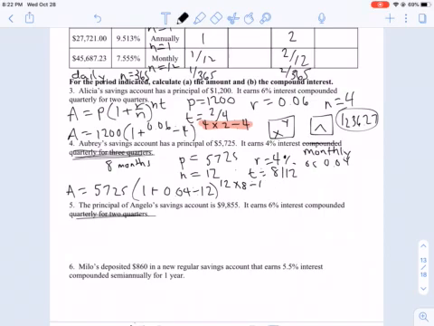My goodness, that is one ugly 12. I apologize. All right, so we're going to type that into Google Calculator. I keep wanting to say Google Calendar. I apologize.